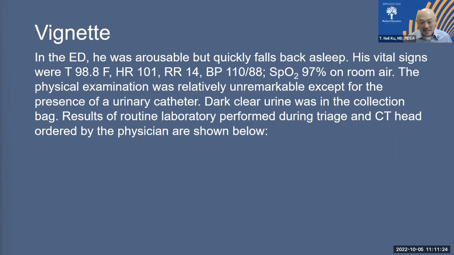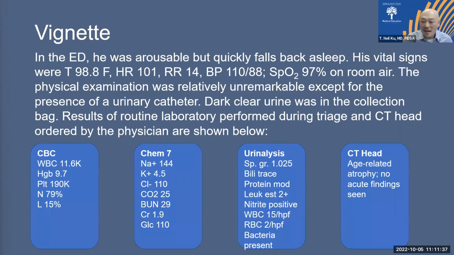As is typical of these presentations, many clinicians would order laboratory blood work, urine studies, and a head CT, and these are the results. The CBC shows a slightly elevated white blood cell count with predominant neutrophils, otherwise relatively unremarkable. The Chem7 shows mildly elevated BUN and creatinine and slightly elevated glucose.